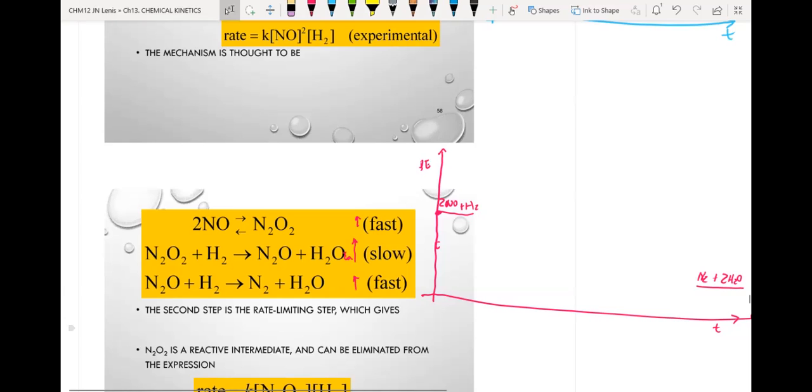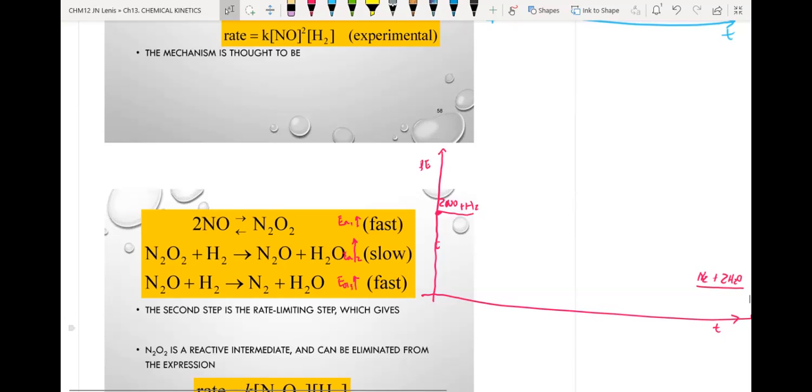So you say here activation energy for step 1, this is activation energy for step 2, and this is the activation energy for step 3. We know this is going to be a very high activation energy. The higher the hill, the more time it takes to cross.